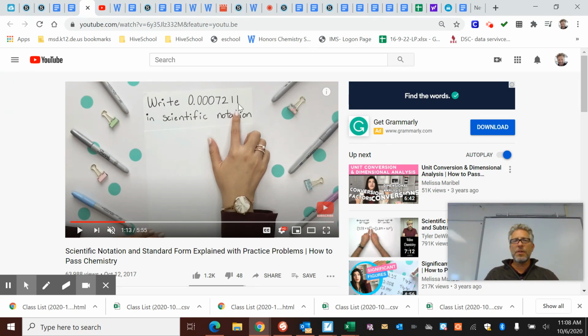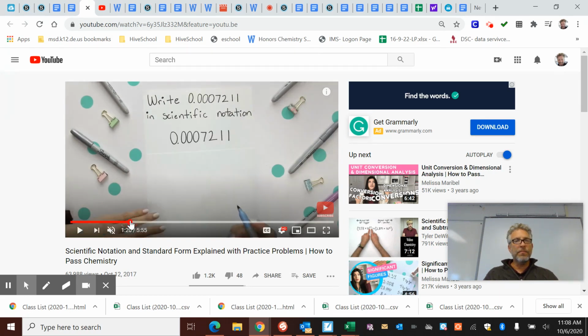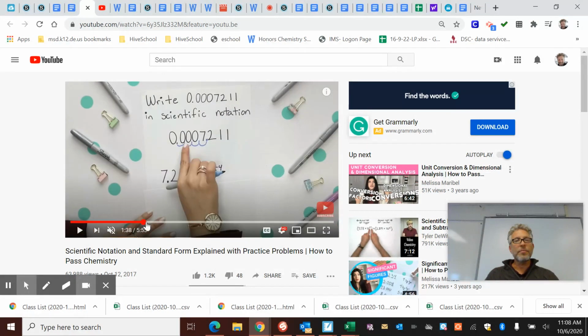Well, since this is a number smaller than 1, the exponent is going to be a minus 4. And so here she's going through this explanation, similar to what I just did. And then you can see there's the answer, 7.211 times 10 to the minus 4 power. We can replace this with e minus 4. They mean the same thing, right?